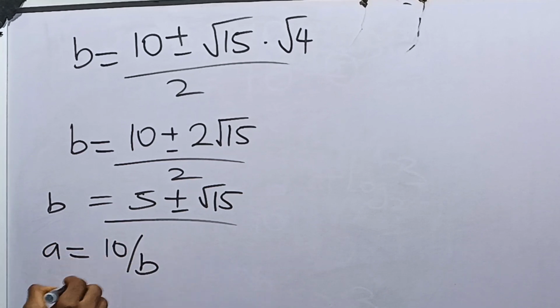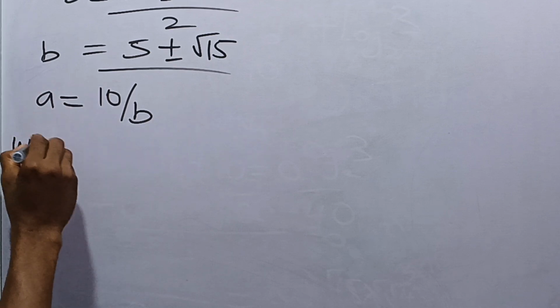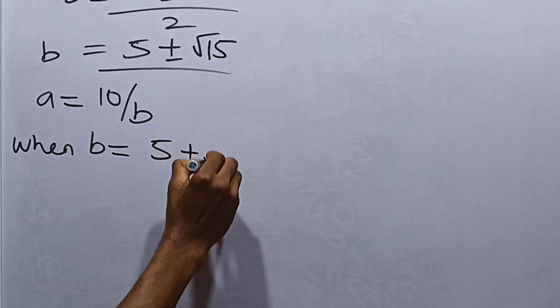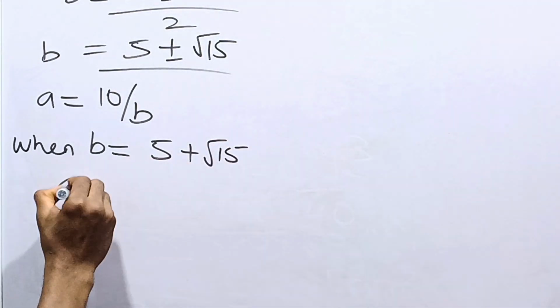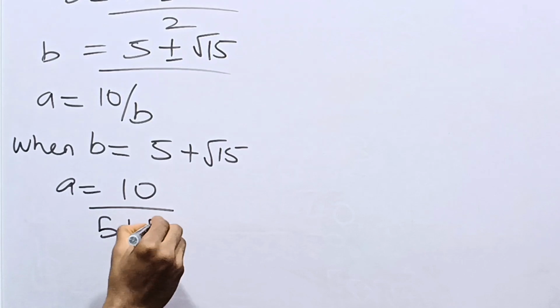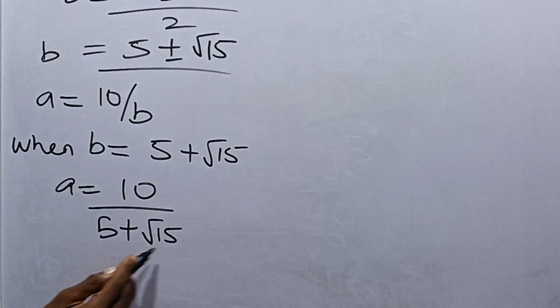So applying a as 10 over b here, when b is equal to 5 plus root of 15, we have that a will be equal to 10 divided by 5 plus root of 15. Looking at this closely, you see that root is in the denominator.